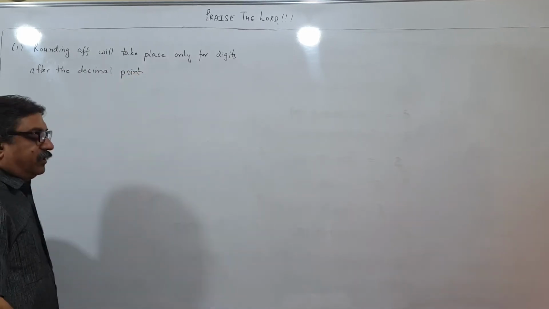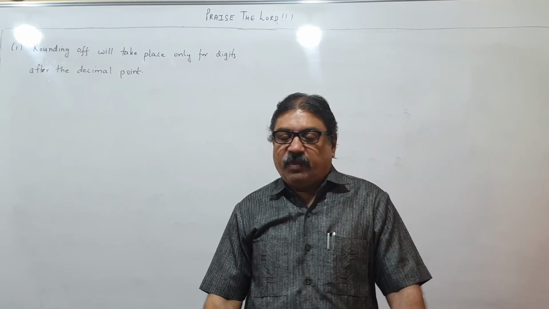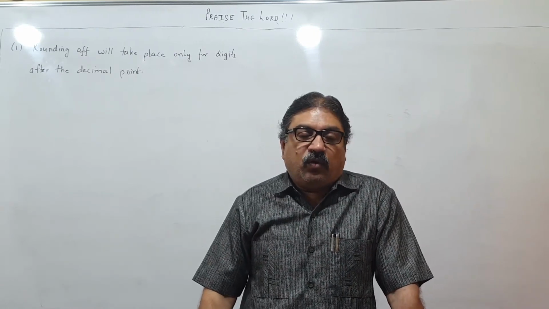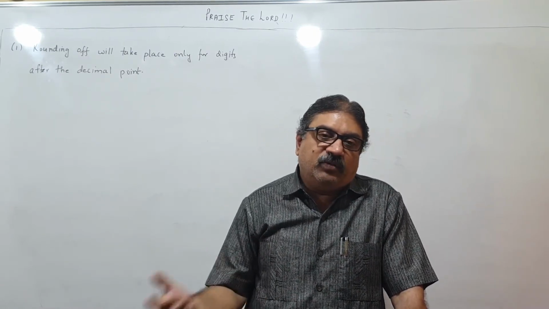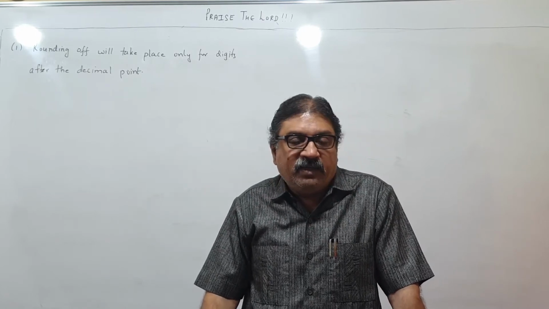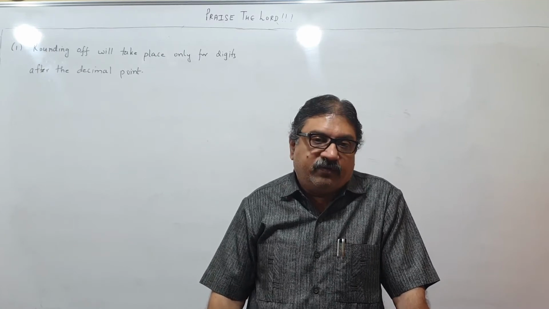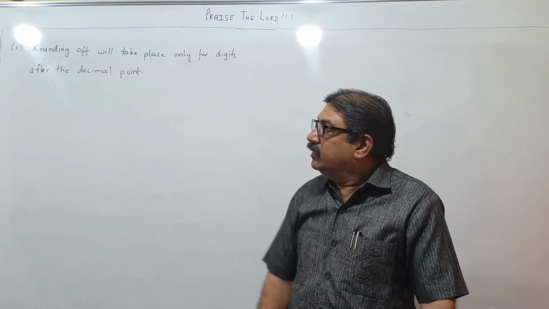That means if any digit is there which is before the decimal point, that cannot be rounded off. So if you want to round off any digit, it has to be after the decimal point. Then only it can be done, otherwise it cannot be done. Digits before decimal point should not be rounded off. They will never be rounded off.